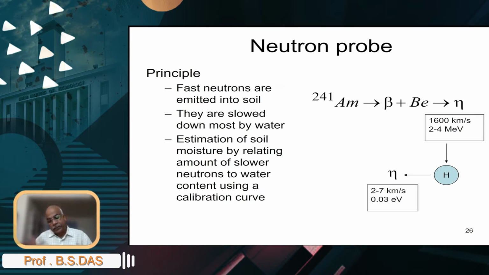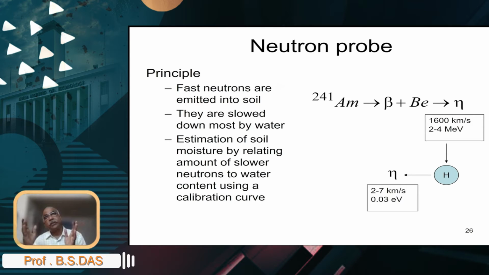Therefore, the measure of how many neutrons are thermalized, compared to how many neutrons you started with, that ratio of the slow neutrons to the fast neutrons after the collision process should be directly proportional to the number of hydrogen atoms present.